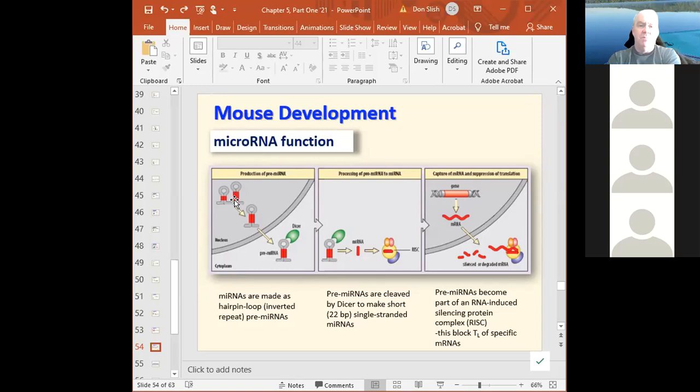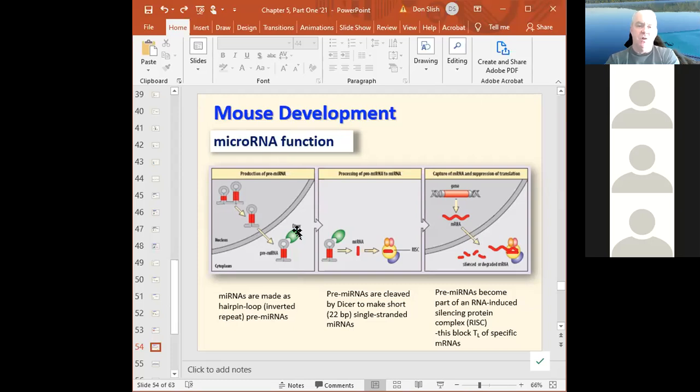So they end up being complementary to each other. So they form these hairpin structures. These are common in DNA and RNA because they kind of form a handle that can be grabbed. So inside the sequence here, this red stretch here is complementary to this one, so they bind together and they form this hairpin loop and another hairpin loop over here. So that stands out to this guy, Dicer.